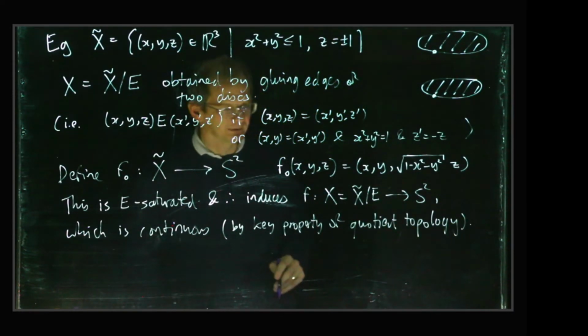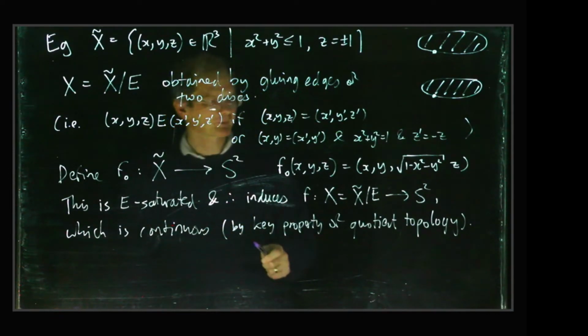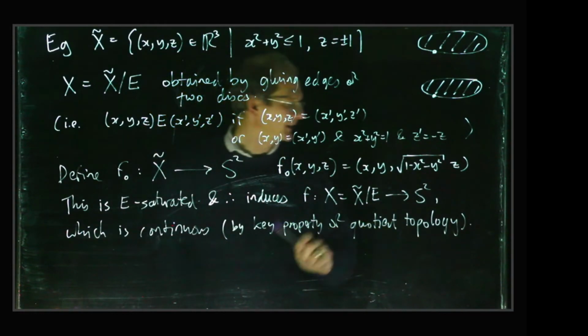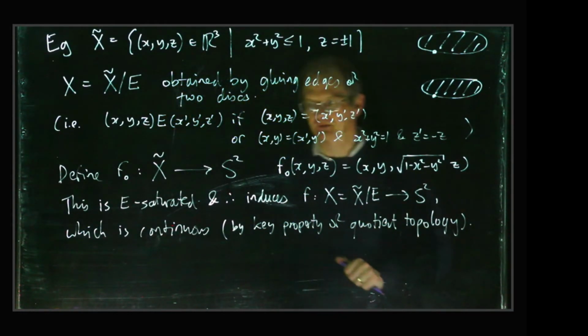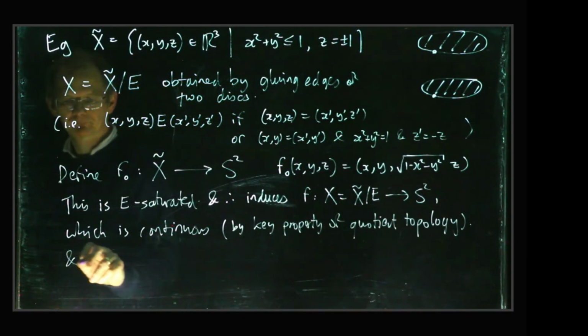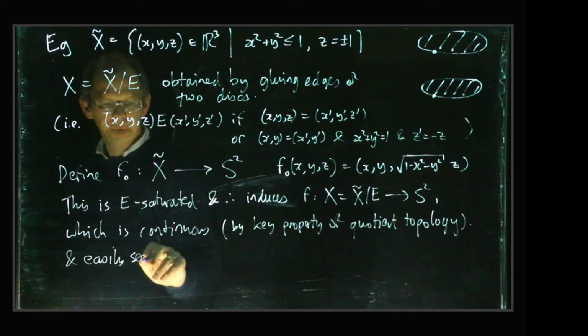So this was the basic proposition we proved about the quotient topology, that if you've got a continuous E-saturated map, then the induced map out of the quotient space is still continuous. I won't go through the details, but it's easily seen to be bijective.